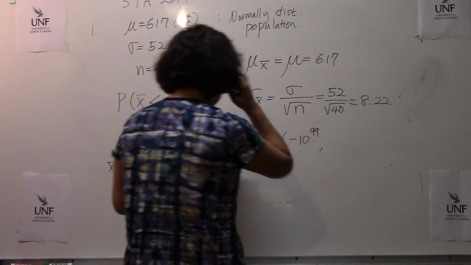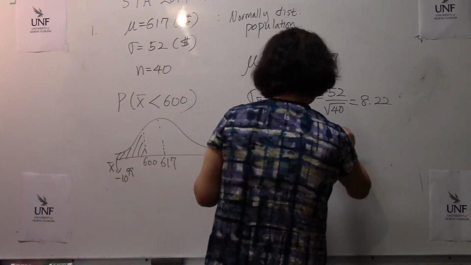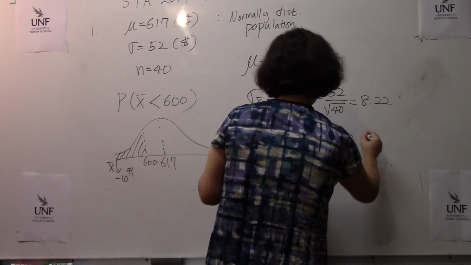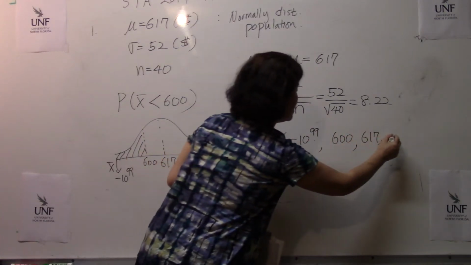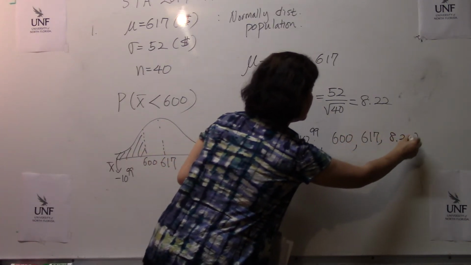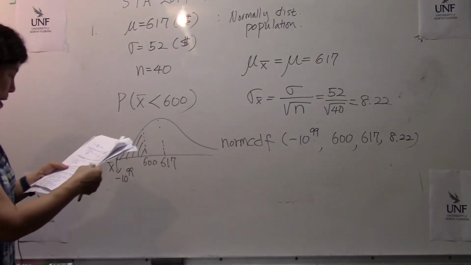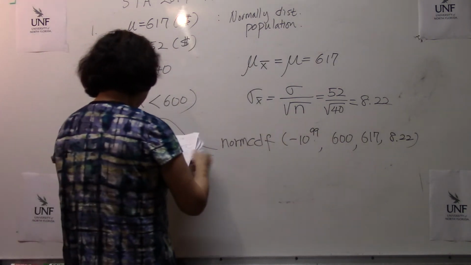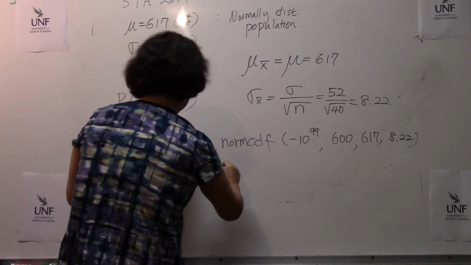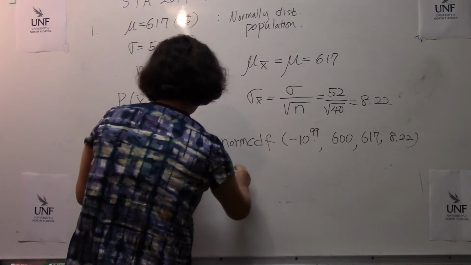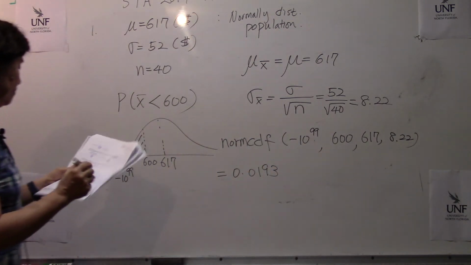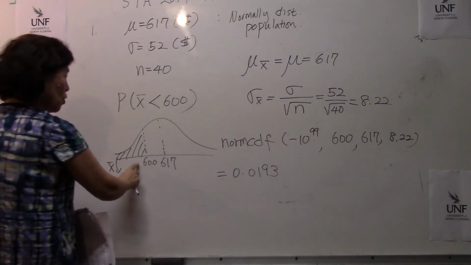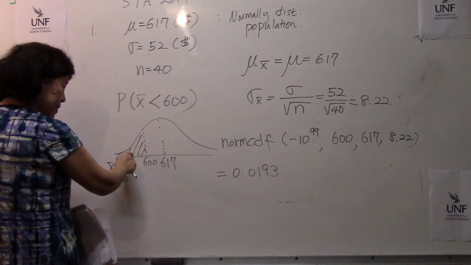And the next one is 600, and the mean is 617, and the other one is 8.22. You put that in and you are going to have 0.1093.